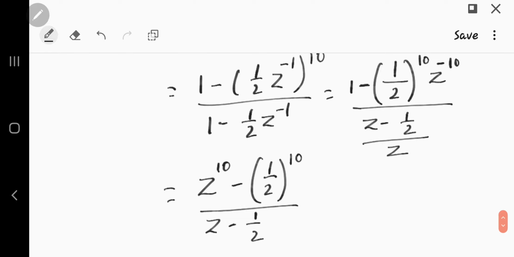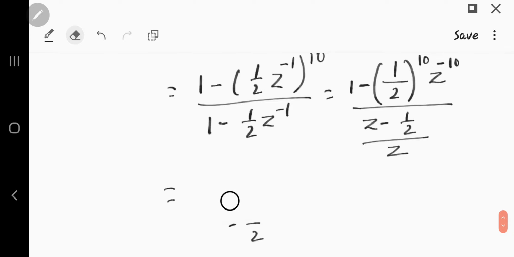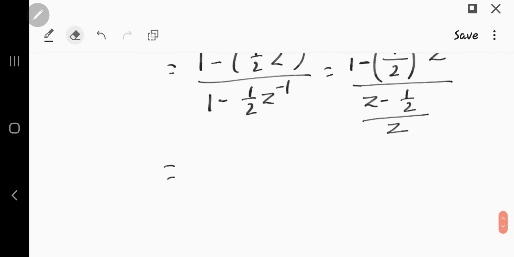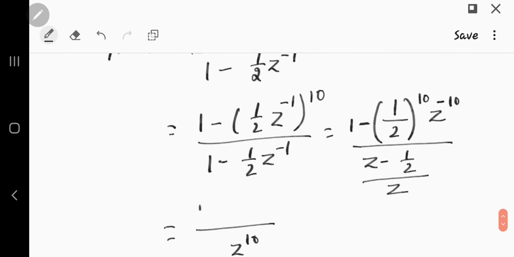If we take this as LCM, okay, I'll explain this step.